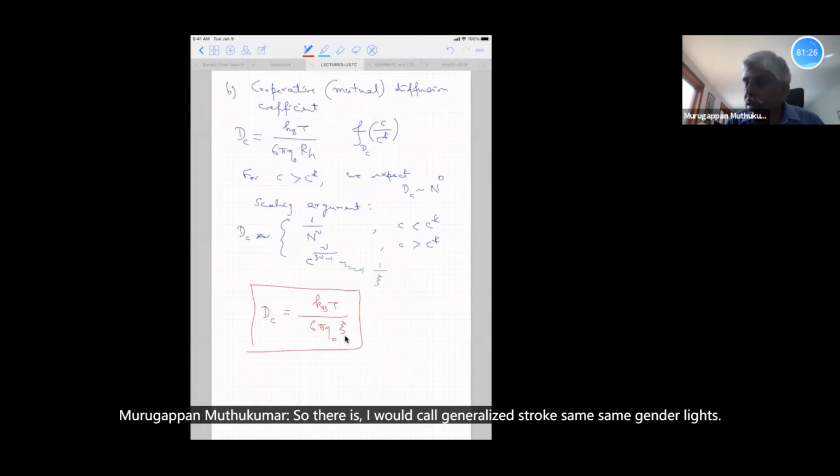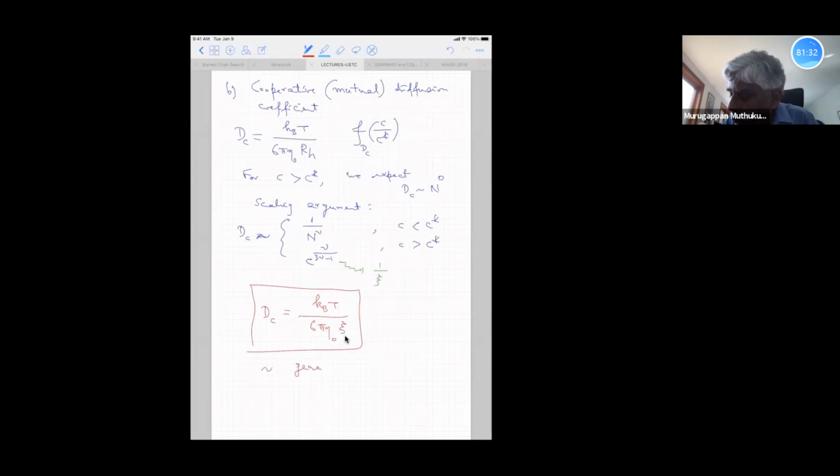Okay, so this is, I would call, generalized Stokes-Einstein for semi-dilute solutions.